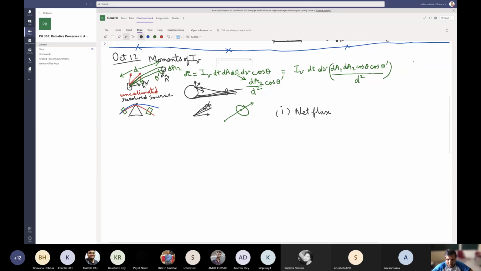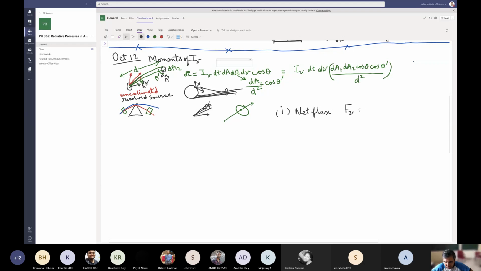This is the first moment of I nu. Net flux is the amount of energy crossing per unit time, per unit area, per unit frequency, and this is represented by F nu.